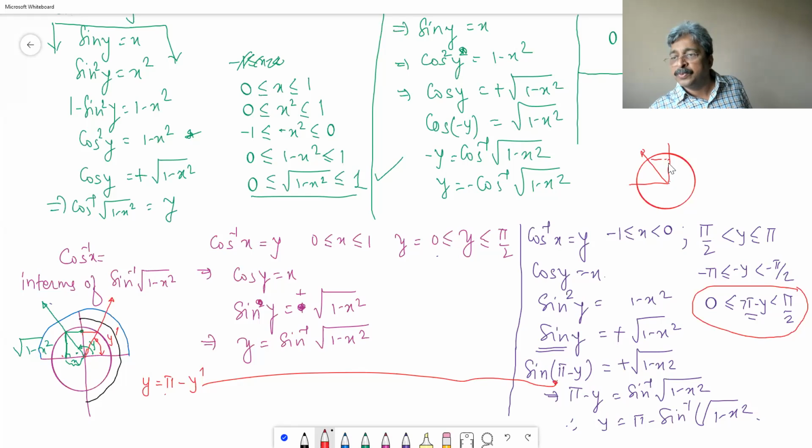This is a positive value, therefore we are taking positive here as well as here, because y is between pi by 2 to pi, therefore positive.